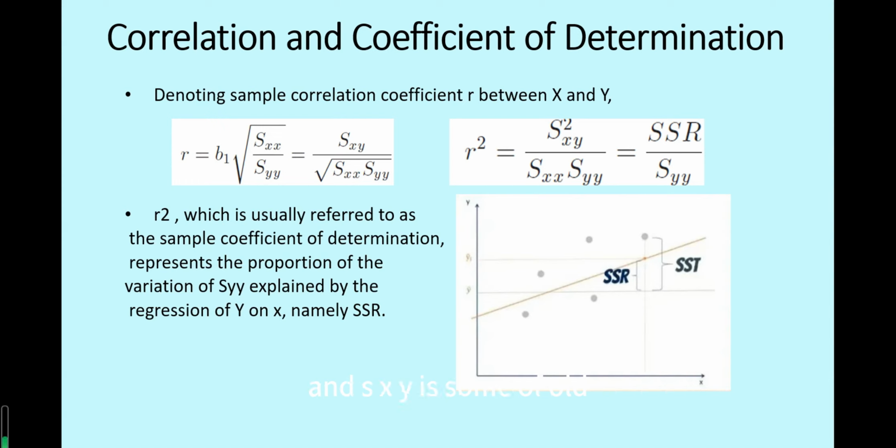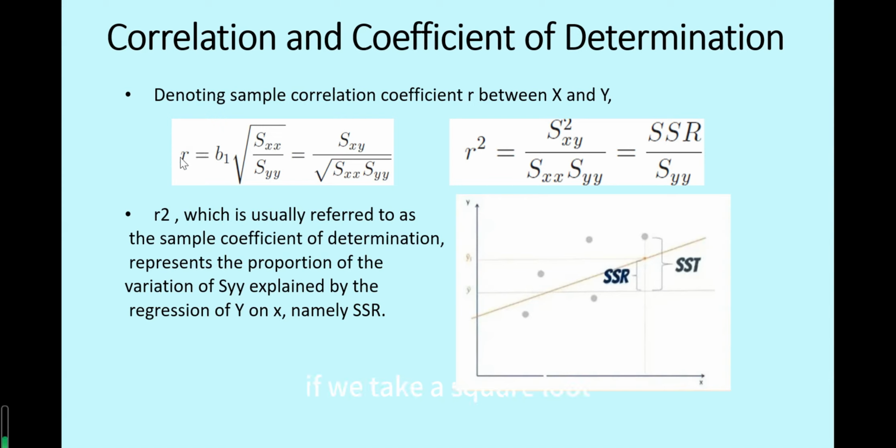And Sxy is the sum of all multiplications of x against its mean times y against its mean, so x minus x mean times y minus y mean, then take the sum for all observations. This division equals the correlation coefficient, the same as on the previous page. We just change the alphabet.